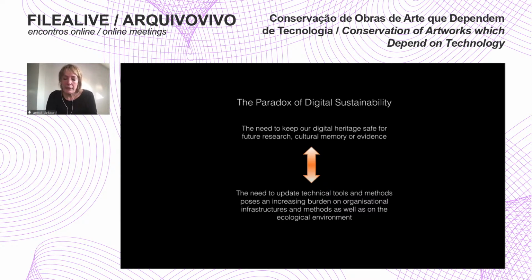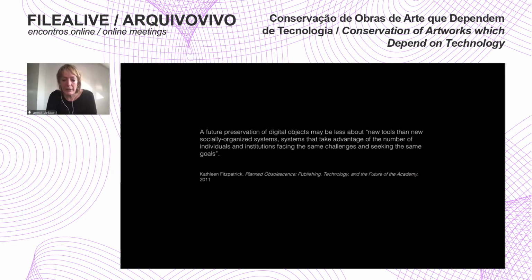In such a scenario, collaborative networks form the basis for a more enduring infrastructure, and learning from methods of living memory can reduce the sole emphasis on technical development. And this echoes Kathleen Fitzpatrick when she said in 2011, a future preservation of digital objects may be less about new tools than new socially organized systems, systems that take advantage of the number of individuals and institutions facing the same challenges and seeking the same goals.